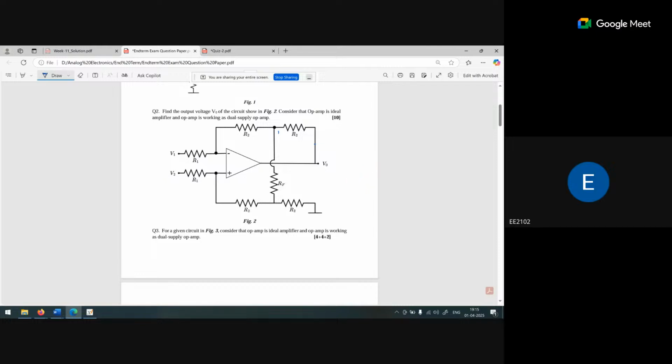If we apply the superposition theorem, consider this voltage is 0. So no current will be flowing from this one, no current will be flowing from this one. So V out is what?